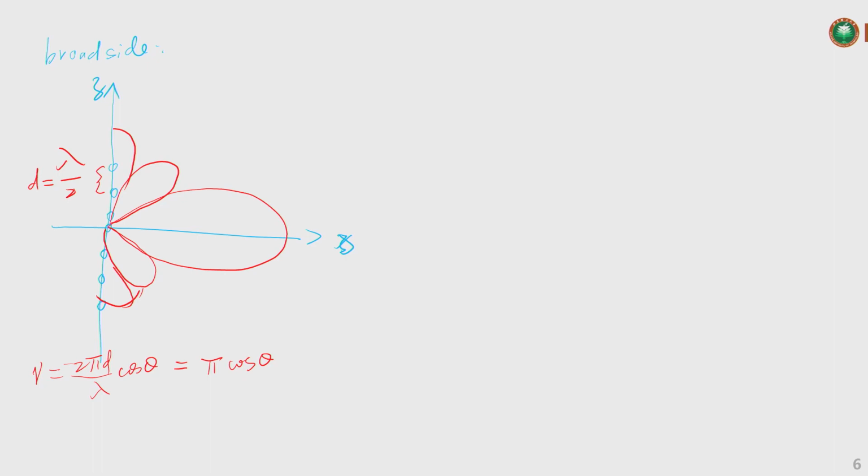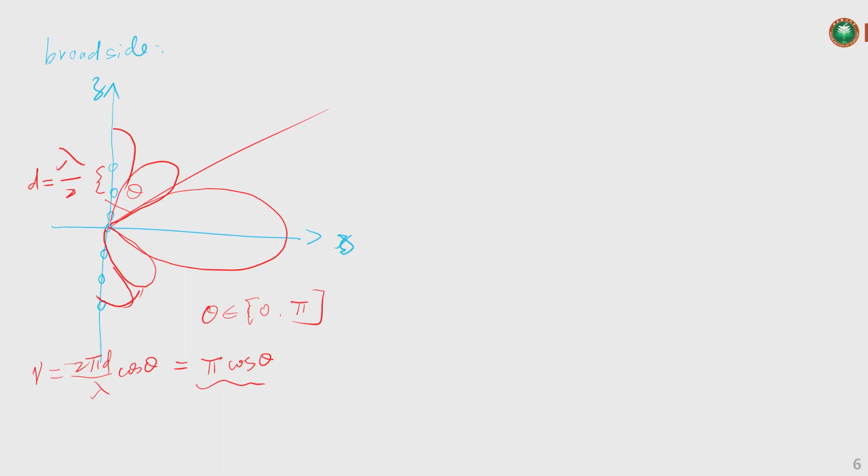Am I correct? Because d is half lambda. Alright, so this is how gamma varies with respect to such a condition. And theta varies from 0 to pi, alright? So theta from 0 to pi.